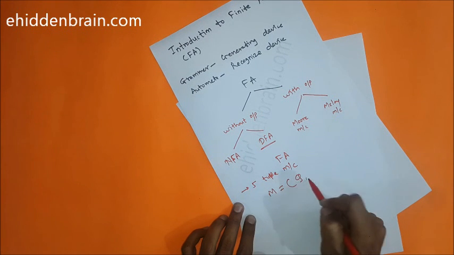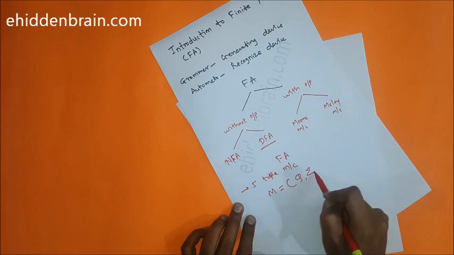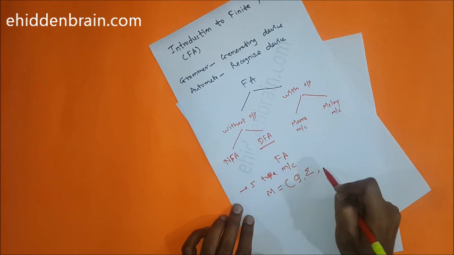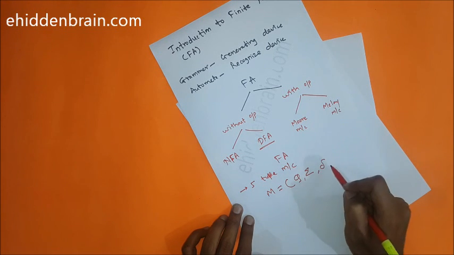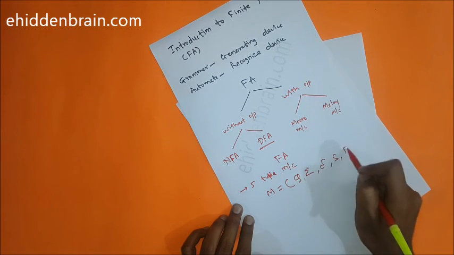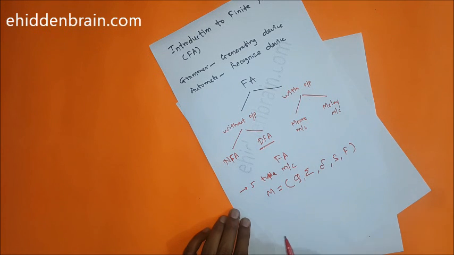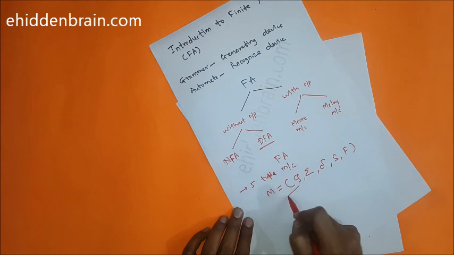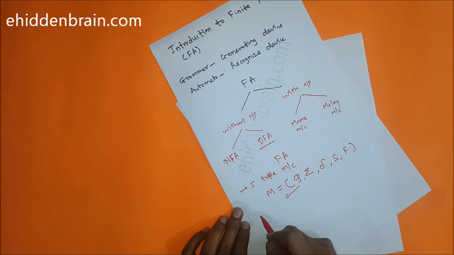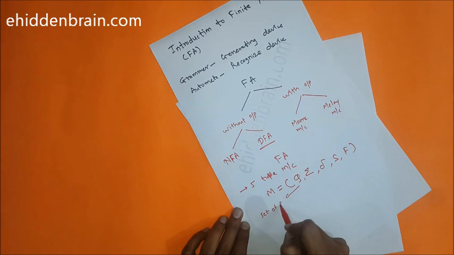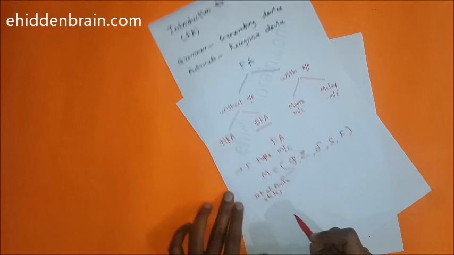The first tuple is Q, then there is a sigma, then there is a delta, then there is a starting state, and then there is a set of final states. This is a mathematical representation of a finite automata. Q is a set of states, even a finite set of states.